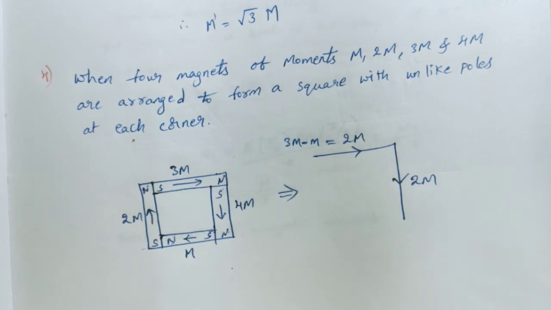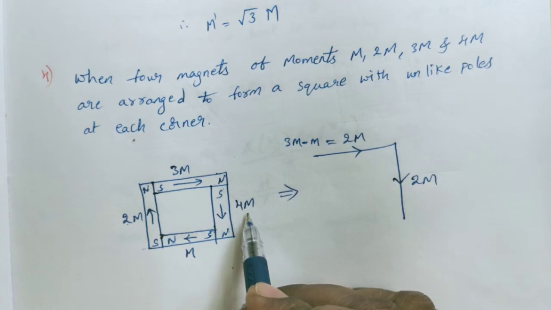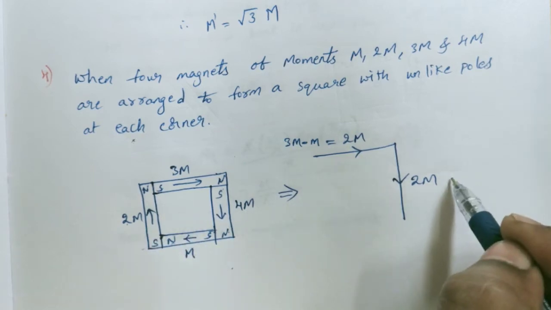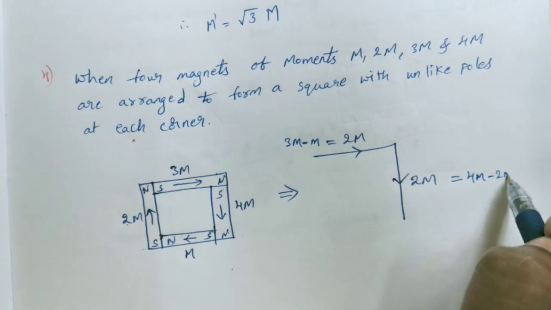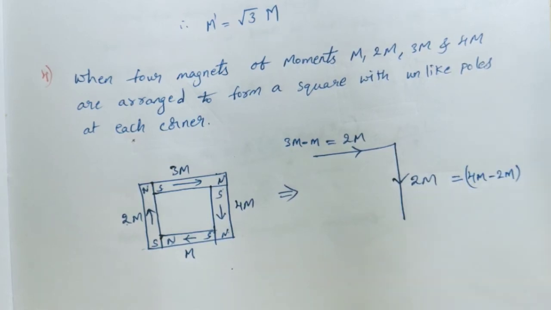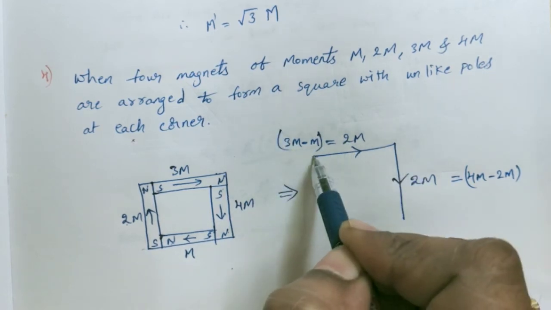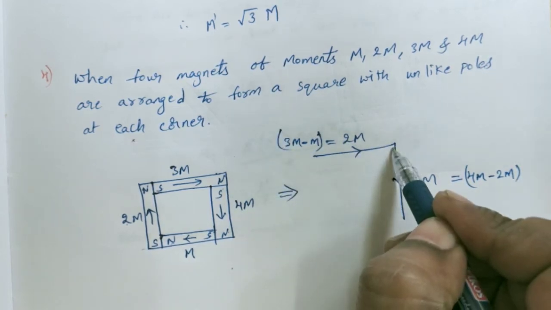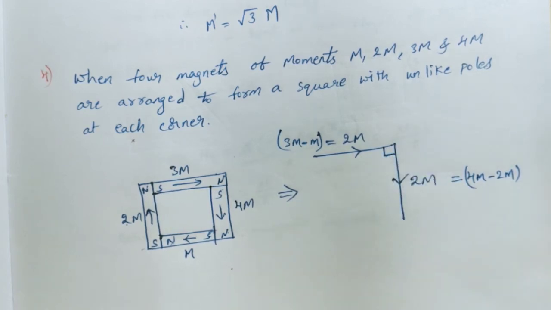In the same manner, observe clearly, students, this 2m and this 4m are in opposite directions. Then we get 4m minus 2m, so this one also becomes 2m. So observe carefully, this 2m acts in this direction, this 2m acts in this direction. Here how much angle are we observing, students? 90 degrees we are observing clearly. So 2m and 2m are perpendicular to each other.